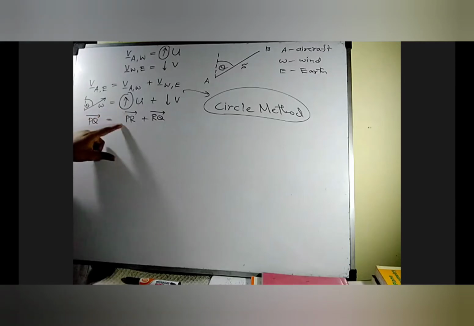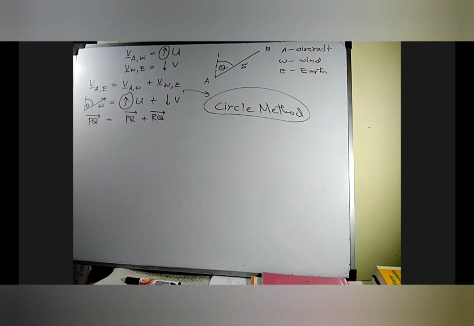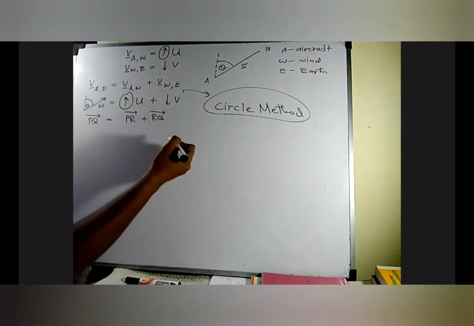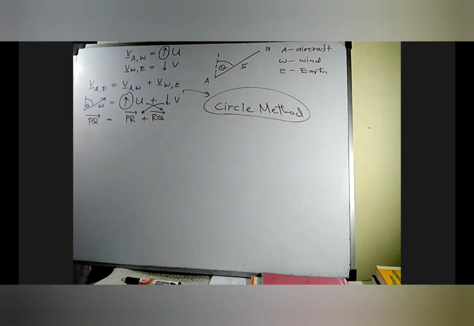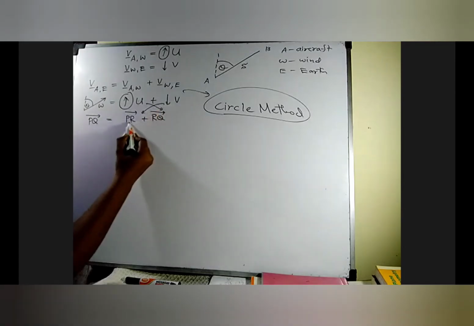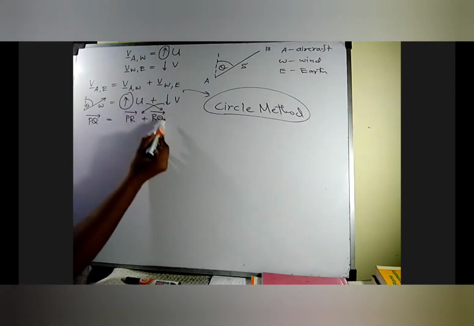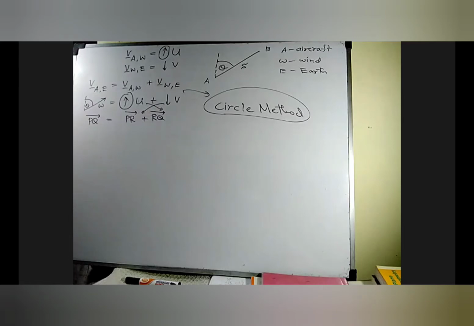So how can we draw the first vector if its direction is unknown? Therefore I have to draw the vector whose direction is known first. So V represents PR, and U represents RQ. That is the first step in the circle method.